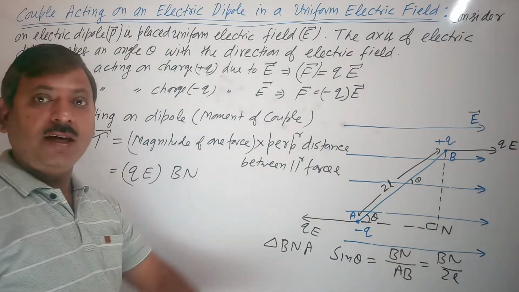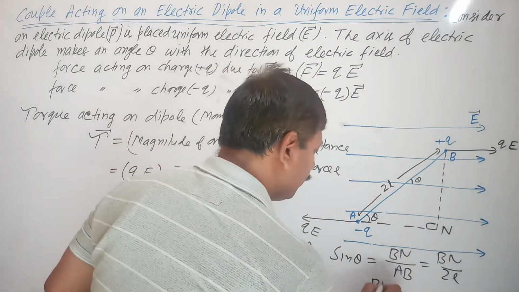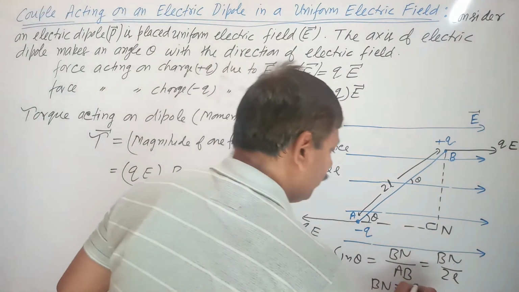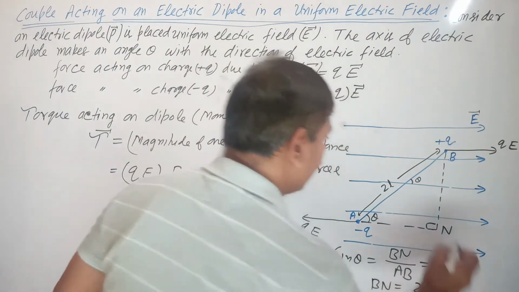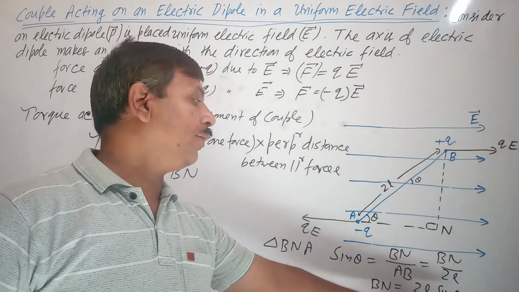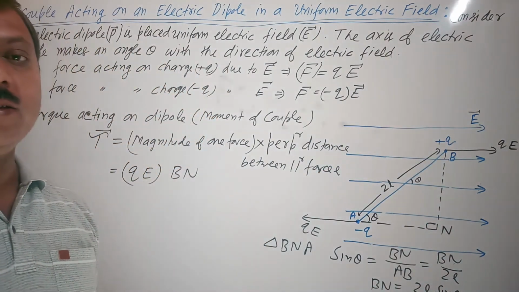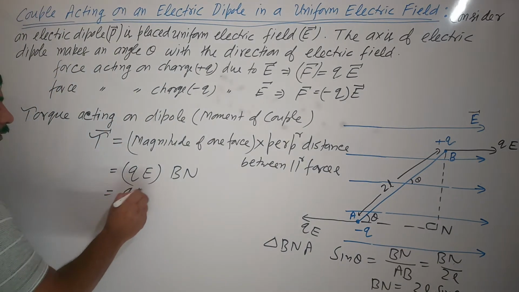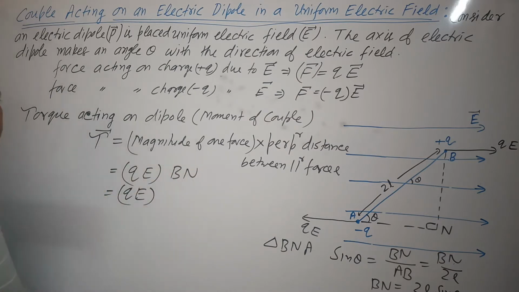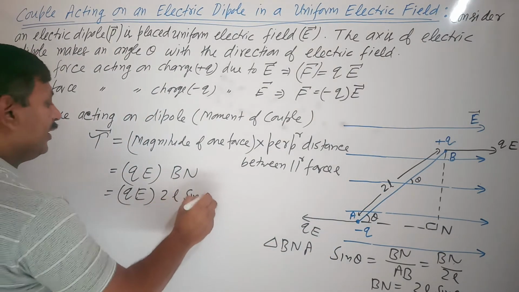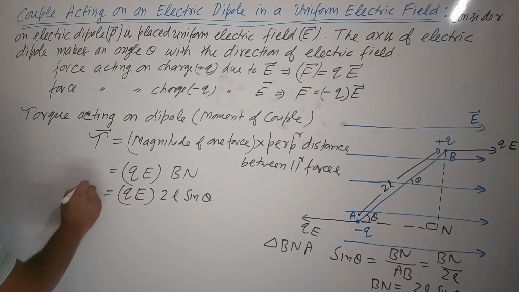So BN is equal to 2L sin theta. If you put this in place of BN in qE, you can write 2L sin theta. So torque is equal to what?